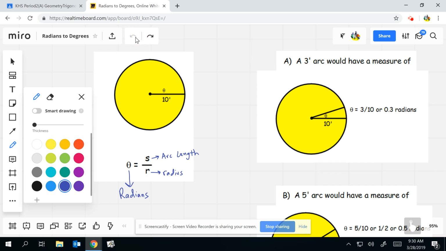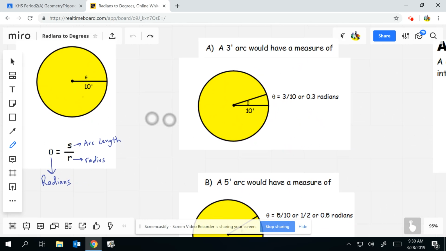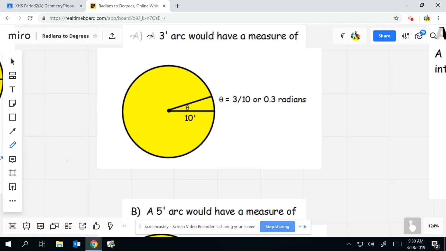So if I was to tell you that your arc length is 3 feet, okay, so if I move over to this picture here, we know the radius is 10, and this arc length is just 3 feet. Okay, it's not 10. If the arc length was also 10, then that would be 1 radian, because it would be the length of 1 radius. But we have an arc length that's less than 10, so we're going to have less than a radius, or less than 1 radian.